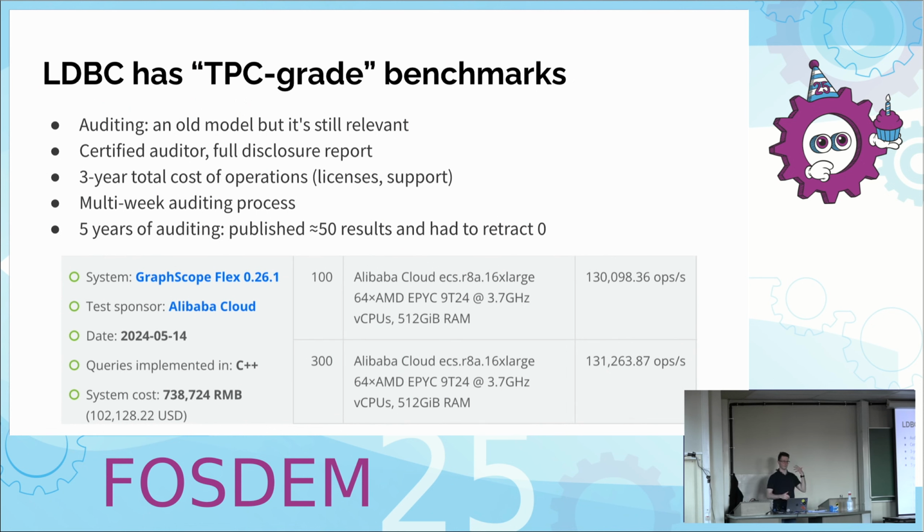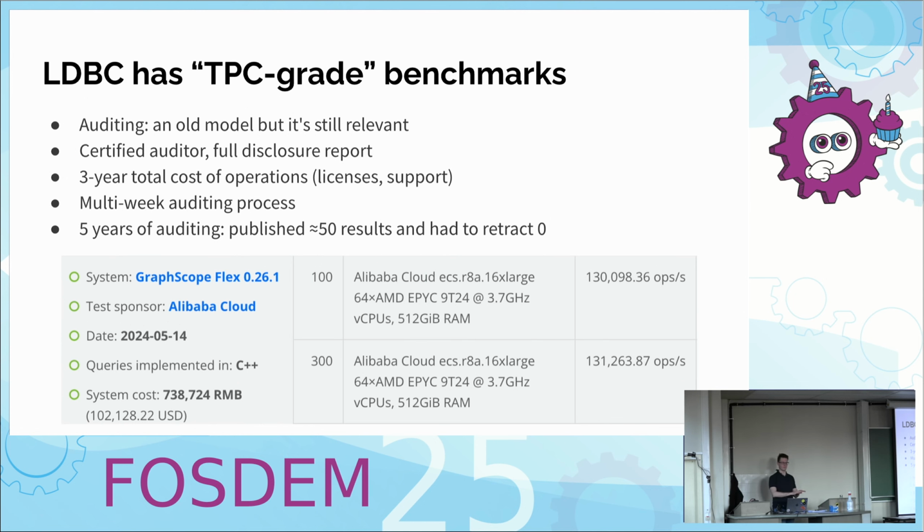It's usually something like 30 to 50,000 euros. It's a multi-week process. The auditor will talk to the vendor, they will compile the specification sheets, and then they will, of course, rerun the benchmark and write a full disclosure report out of it. This is kind of a painful process, but vendors go through it because this is kind of the gold standard in the graph database space.